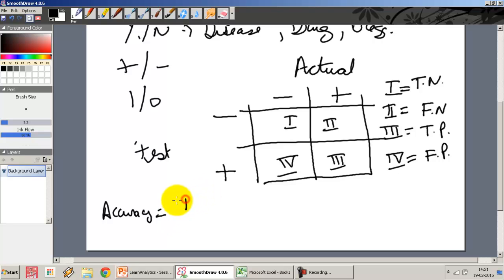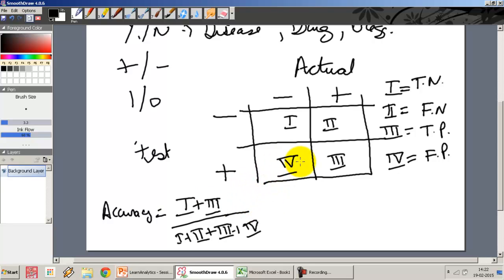Quadrants 1 and 3 are correctly diagnosed, divided by the total possible diagnoses, 1 plus 2 plus 3 plus 4. So the probability of coming in quadrant 1 or quadrant 3 divided by the total probability across all four quadrants gives us the accuracy of the test.